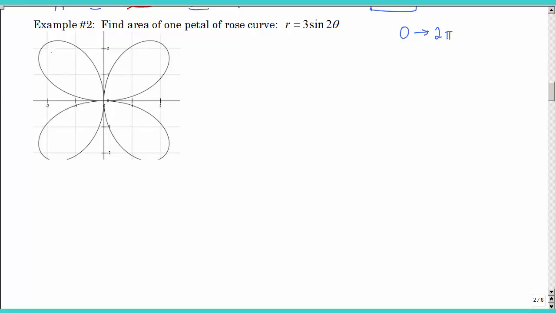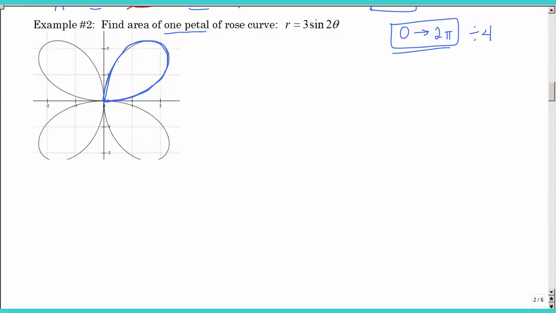Now if you go from 0 to 2 pi, that's going to give you the whole curve. I only want one petal, so how could I figure out just one of those? Well, of course you could go from 0 to 2 pi and divide by 4. That's one option.